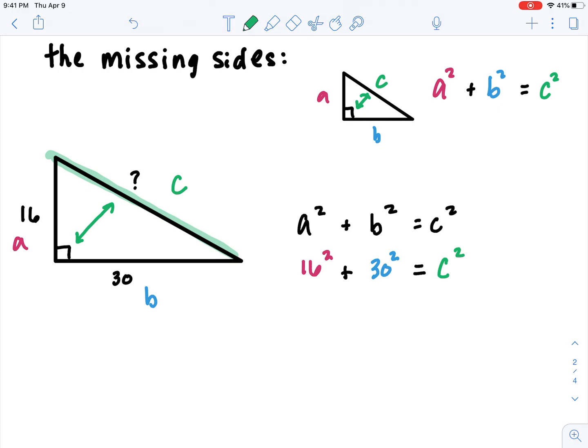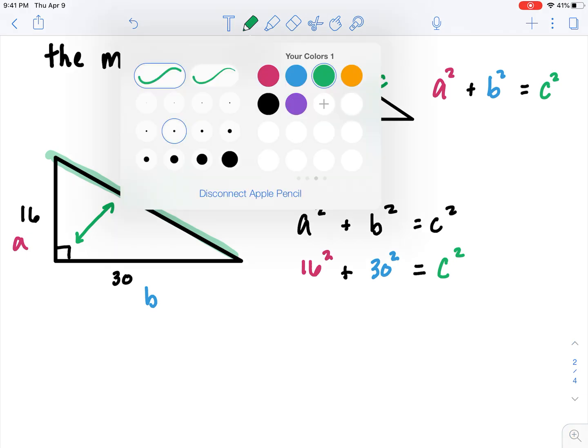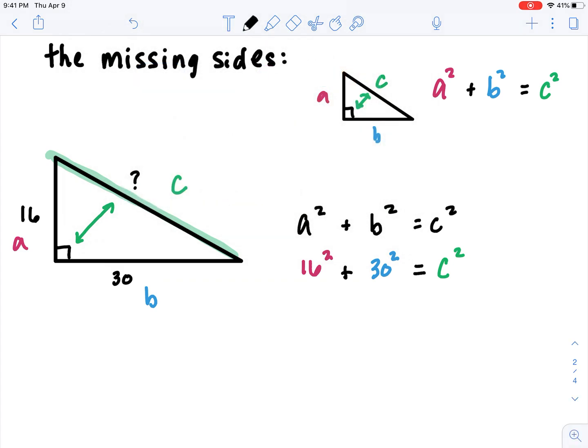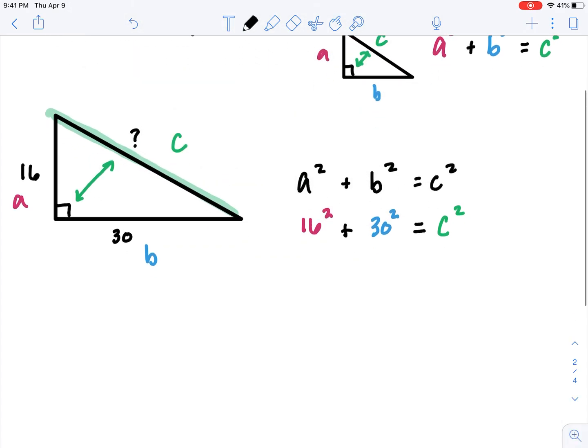Alright, so we identified our sides as A, B, and C. We plugged those into our formula. Now let's just start solving. So you might need a calculator with you while you do this. 16 squared, that's 16 times 16, is 256. 30 squared, that's 30 times 30 is 900.